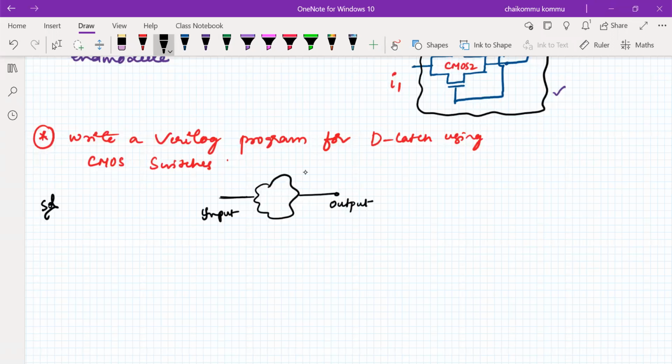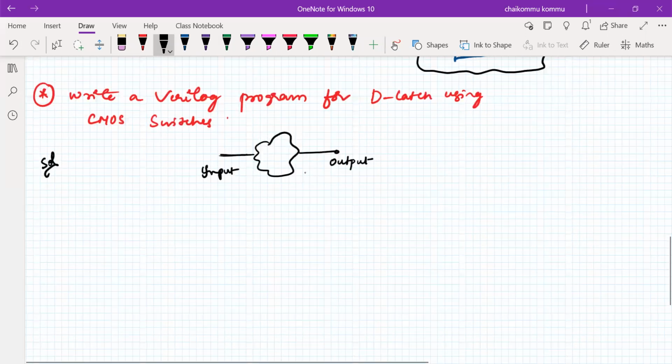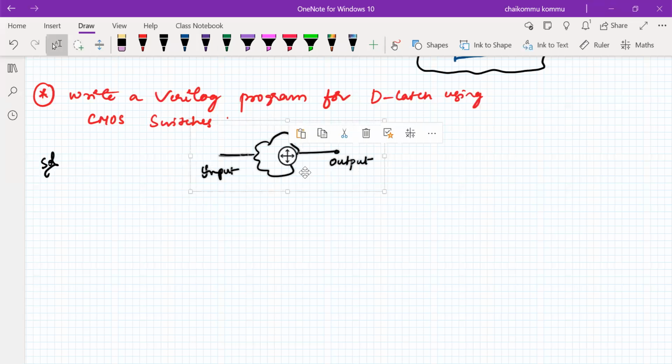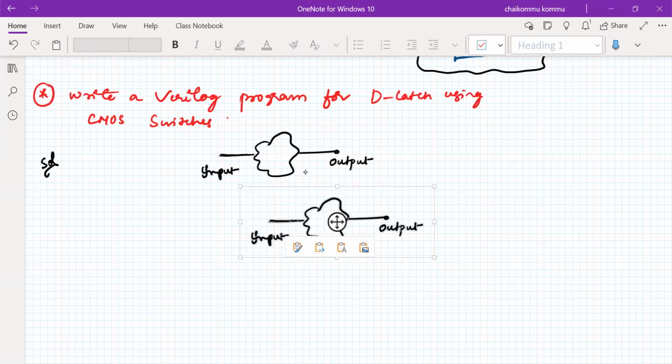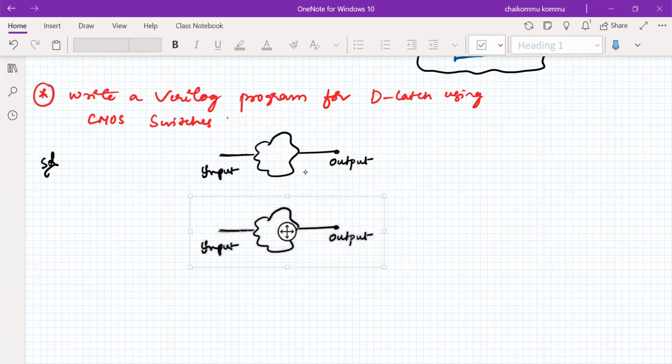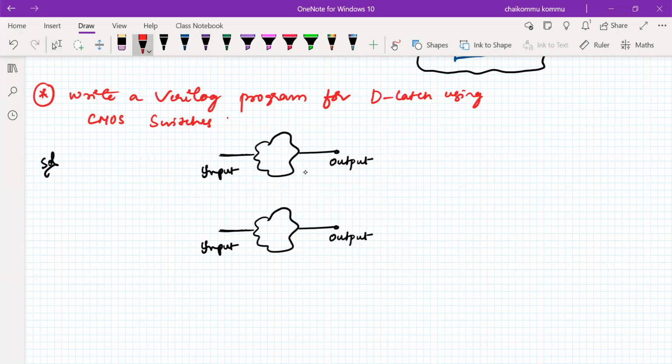For example, if you want to keep whatever output is there in this block itself, I want to retain this information in this block. Of course, it goes to the output side, it doesn't matter, but I want to keep the same information within this block. Then I have to use the feedback method. The same information I feed back to this particular input.